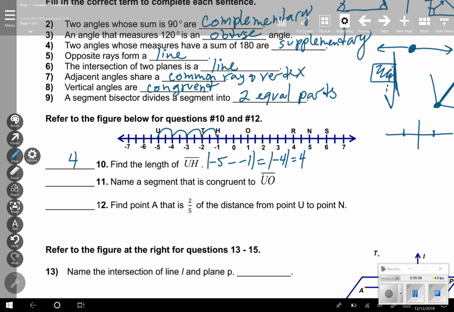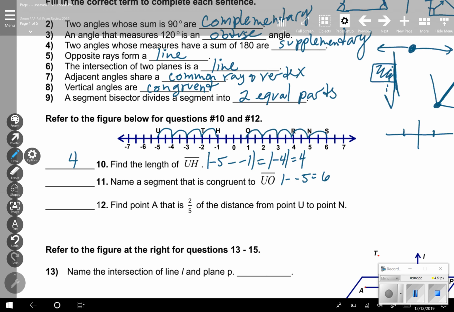Okay, by congruent, they mean the same length, so UO. So we'll see, okay, from U to O, we have 1 minus -5, so that's 6. So the length of UO is 6, so we need another segment that is also 6 in length. So let's think about it. Okay, from 1, we go 1, 2, 3, 4, 5.